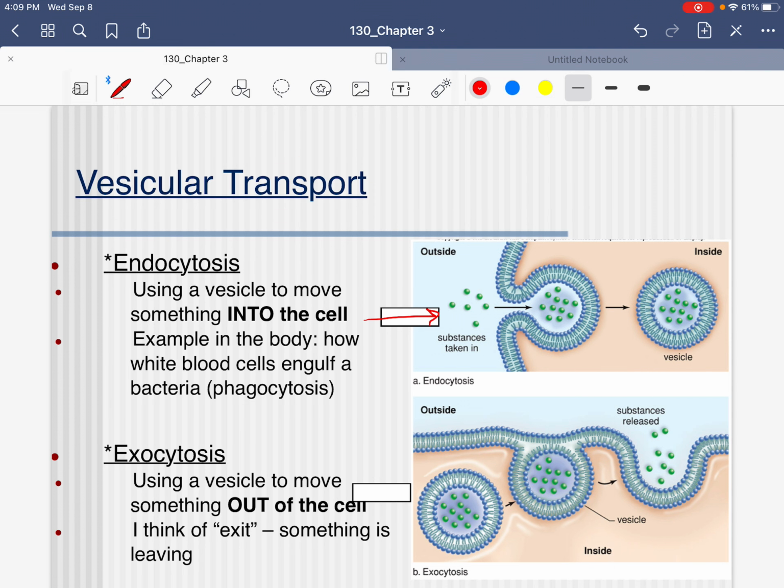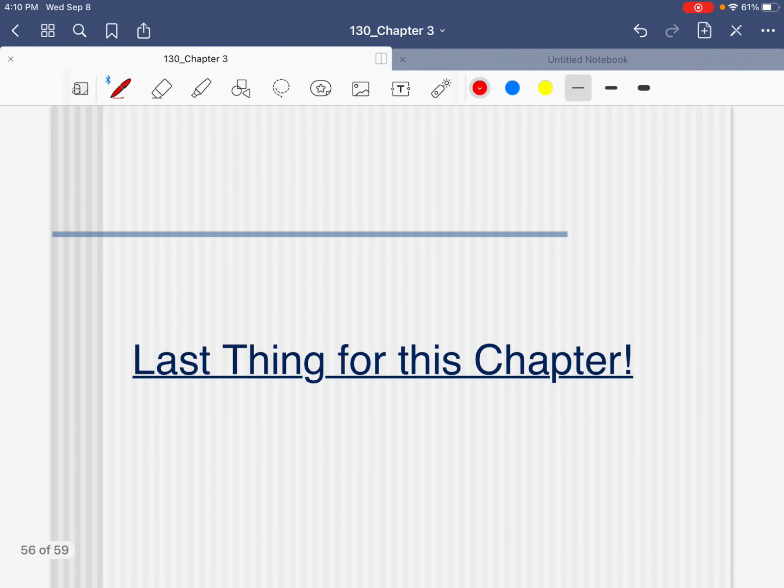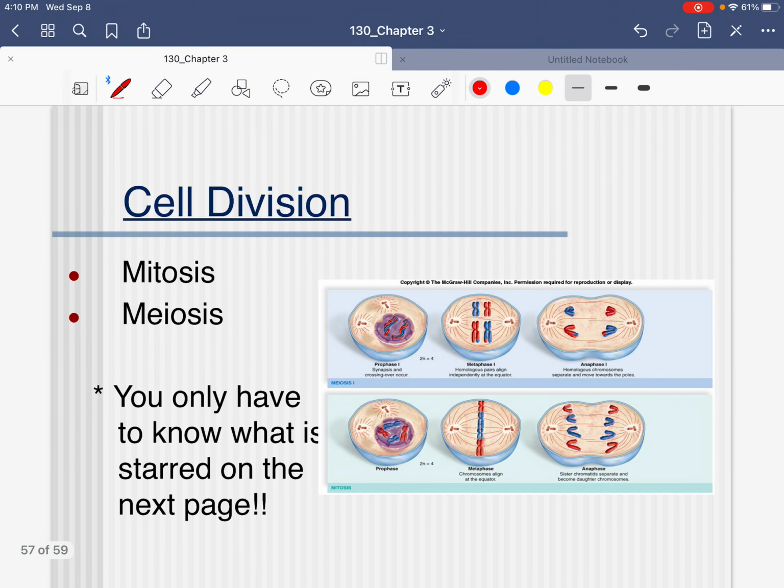Whenever you want to use a vesicle to move something into a cell, it is called endocytosis, within. Whenever I want to use a vesicle to move something out of the cell, it's called exocytosis. I think about exiting, leaving. This is just straight memorization, folks.